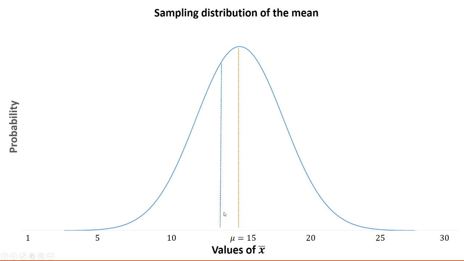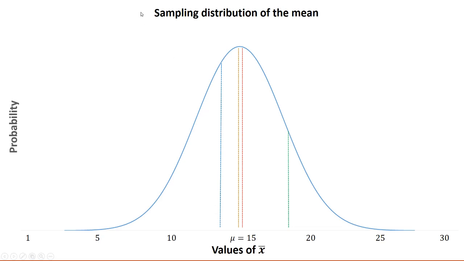The first subsample was somewhere down here, it was 14, and the next subsample was a little far away at 18, and then the next subsample was really close at 15.5. And we could keep going. If we kept drawing samples from the population, we would find that most likely those sample means would be somewhere around here. But every once in a while, you'll have sample means that are way out here in the tails.